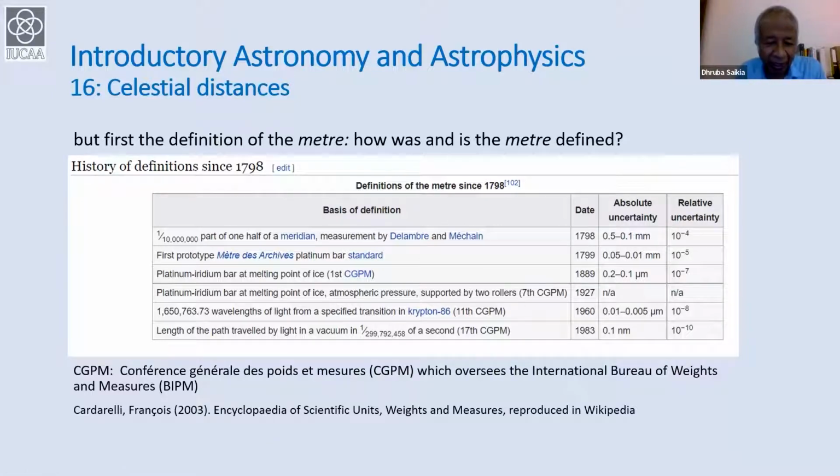Now, I thought it may be interesting to learn a little bit of the history of how a meter is defined. In fact, this happened very early on when the scientific revolution was on, and France was at its peak. This is the Napoleonic era. And that was a time when they tried to define the meter as one ten-millionth part of half of a meridian, the meridian measured from the equator to the pole passing through Paris.